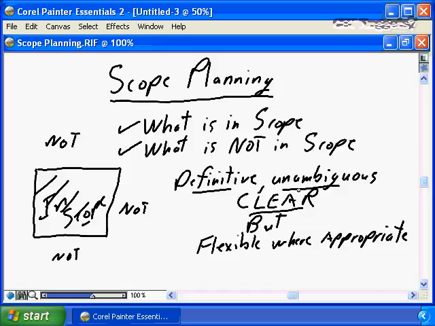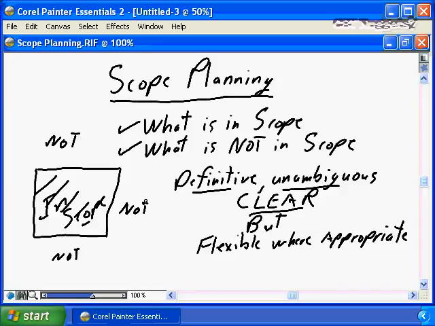I find using point form, bullets, far more unambiguous than long flowing textual paragraphs. It needs to clearly define what is in scope and what is not in scope.